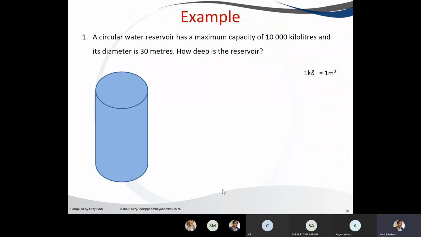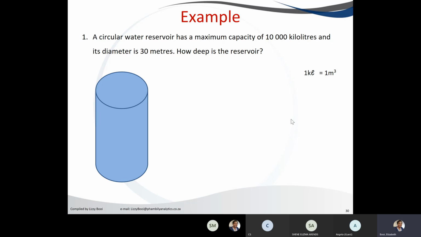Okay, so let's look at an example. Let's say a circular water reservoir has a maximum capacity of 10,000 kiloliters, and its diameter is 30 meters. How deep is this reservoir? Now, if we unpack this question closely, you will notice the following.